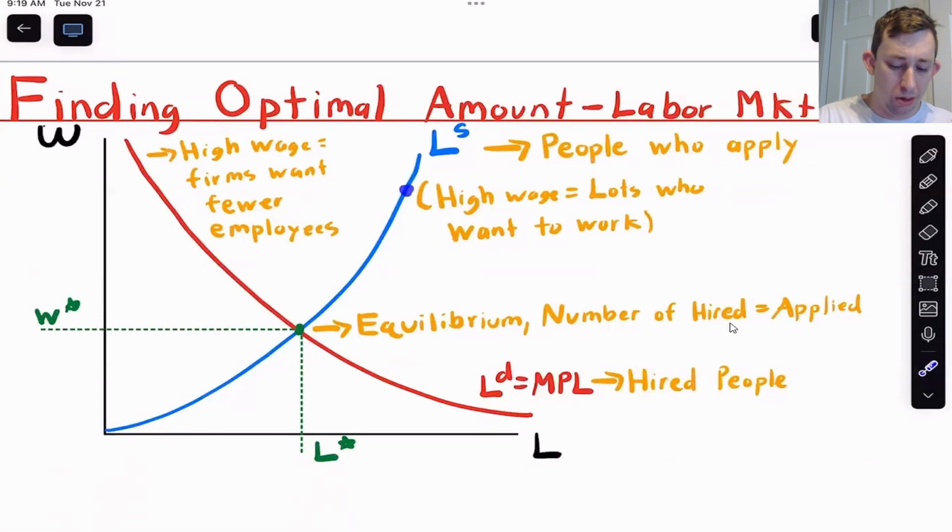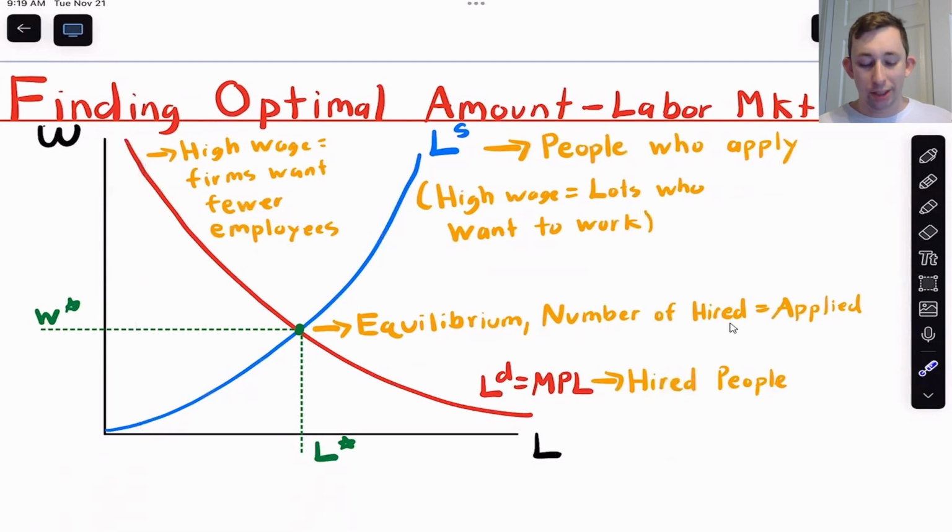But there are a lot of people willing to work for that high wage, so our labor supply is really high because it's all the way over here to the right. And the number of workers that firms want to hire is really low because the wage is really high, and that's represented by the fact that this is really far to the left.